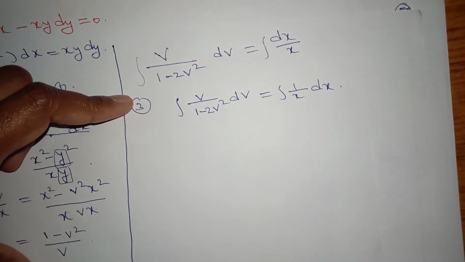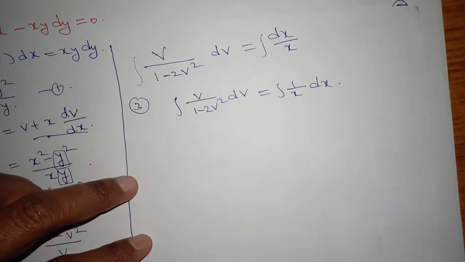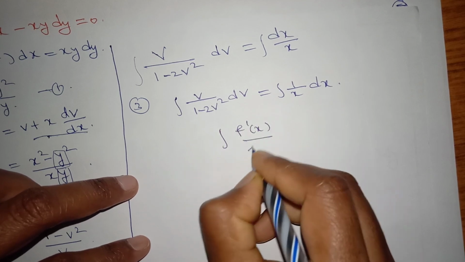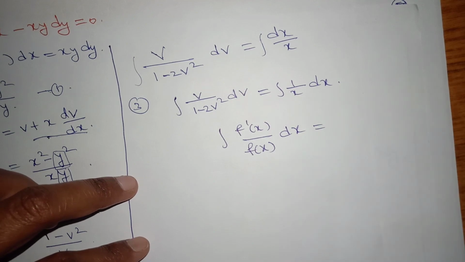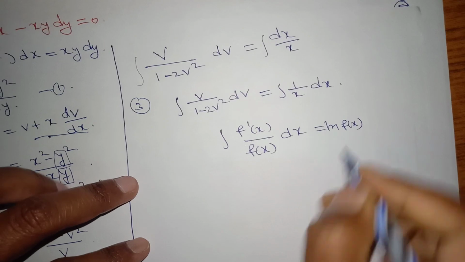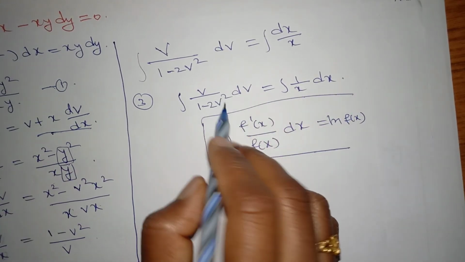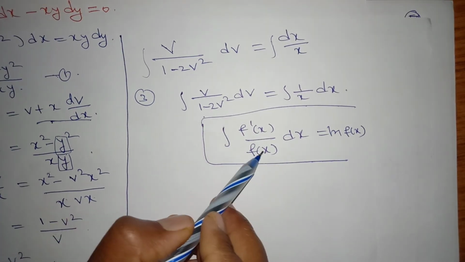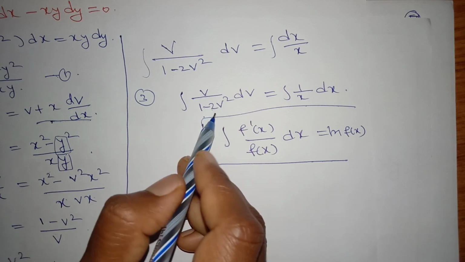Now we know a formula, which we have learned in intermediate: integration of f dash of x by f of x dx is nothing but log of f of x. Using this formula we will simplify this equation. So here f of x is 1 minus 2v square.